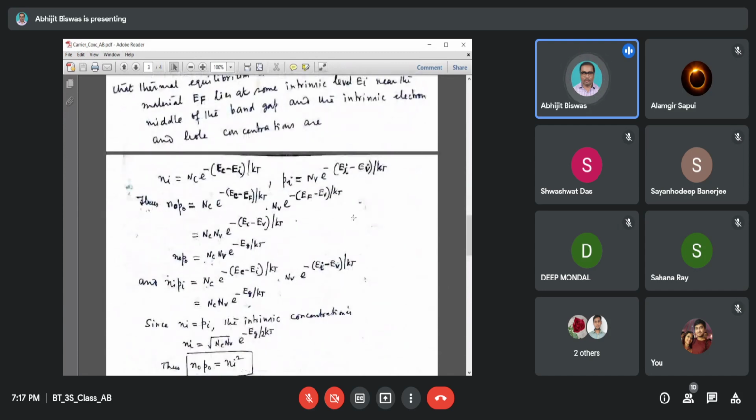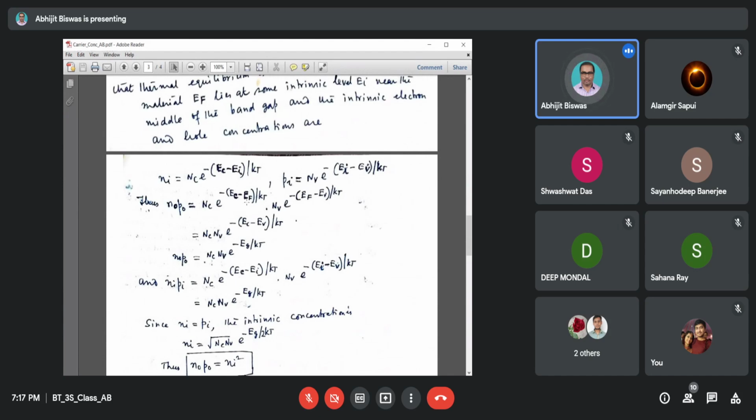So here the intrinsic electron concentration can be given by Ni equal to Nc e to the power minus (Ec minus Ei) divided by kT. Here the minus sign is given outside the bracket because Ec minus Ei is positive, as Ec is in general at a higher level compared to Ei.